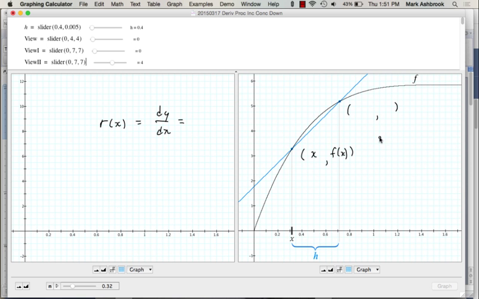Okay, and then Angela, how about the coordinates of the next point? Yes, that's absolutely valid. We've stuck to 0.4 here, so if you had 0.4, that's valid as well. But that's going to change, so we'll keep it as h.